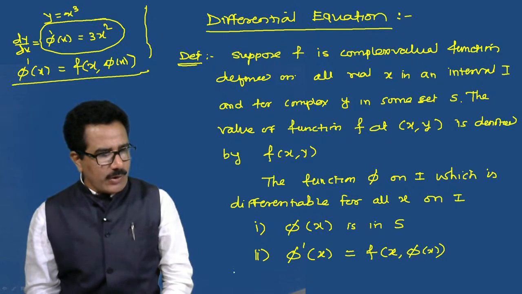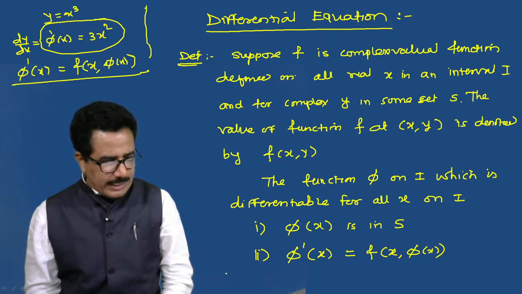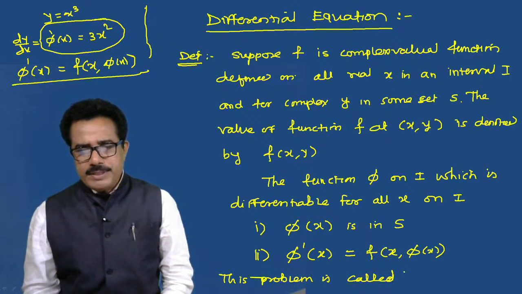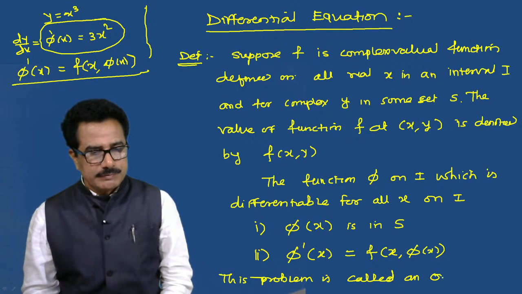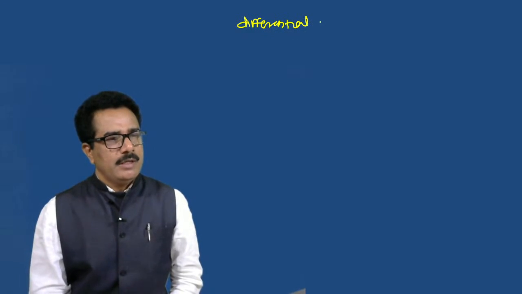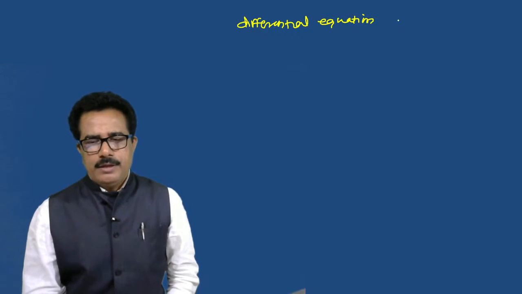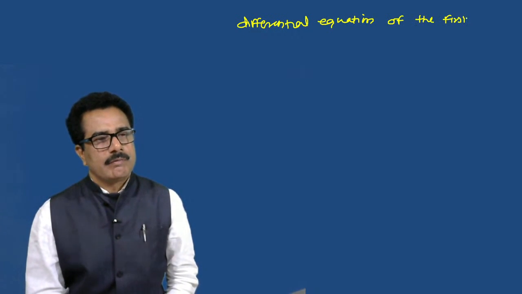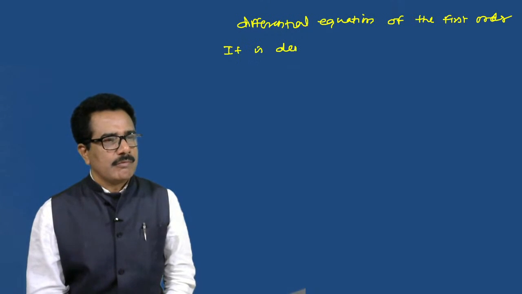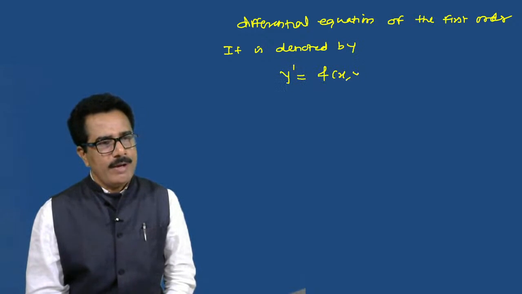So this problem is called here an ordinary differential equation of the first order, and it is denoted by y dash equals f of x comma y.